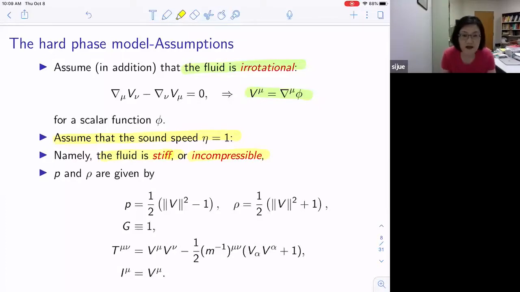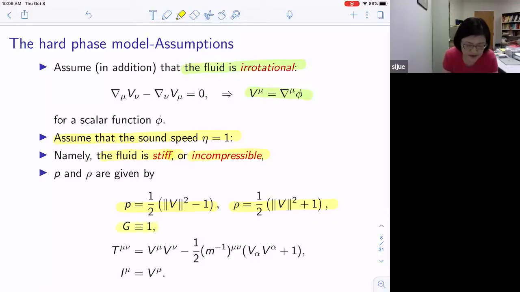Now in this case, this is actually derived in the paper of Christodoulou. Because dP/d rho equals 1, you can just calculate: P is half of the length of V squared, rho is half of the length of V squared plus 1, and this quantity G is identically equal to 1.